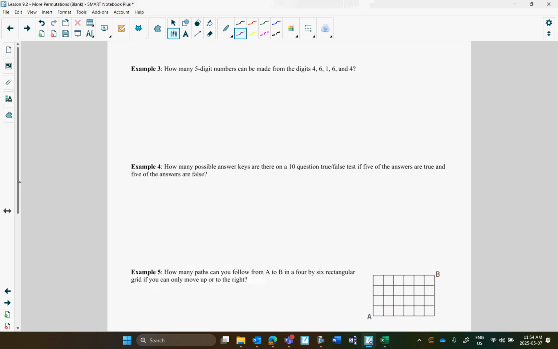So if there was no repetition of digits, 5 factorial, but I have to divide by any repeating ones, factorial, how many times they repeat? Times 2 factorial times 2 factorial, because this accounts for the 4s, this accounts for the 6s repeating. When you do that, you will get 30.